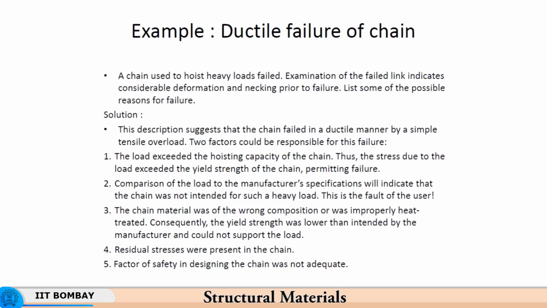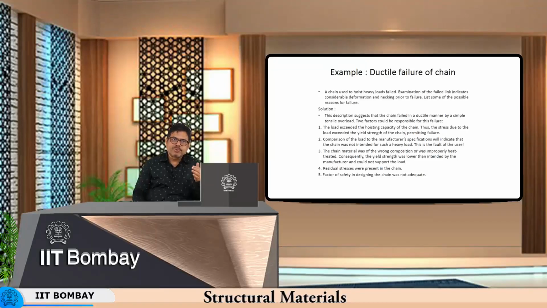Sometimes overload is always possible. So, supposing there is a small overload, the chain should be able to take it, although the user has to be careful in not overloading it significantly. So, what I mean is that the factor of safety which should have been taken while designing the chain was not adequate, due to which the initial cross section itself was not adequate to take the entire load.